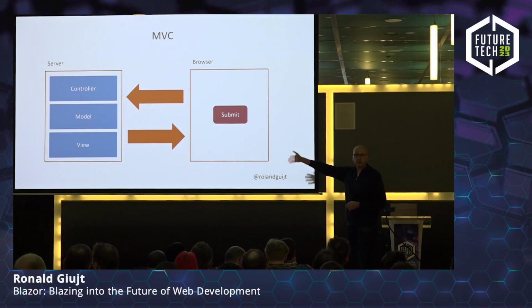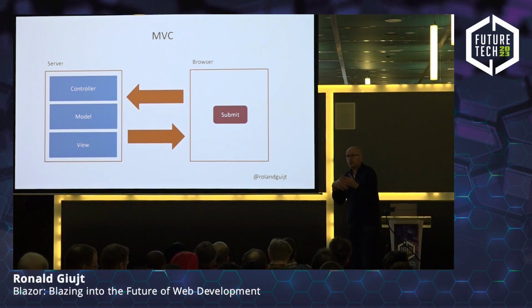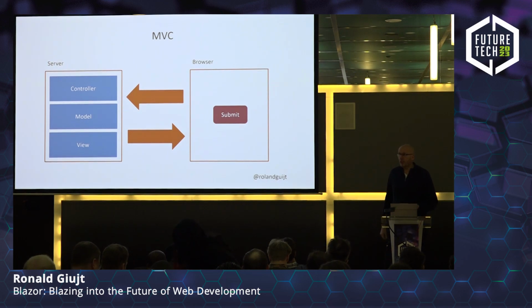Controller receives it, does something, retrieves data, manipulates data, changes data, whatever. We have a view, it's rendered back, and the browser renders it. So conclusion, the browser is very, very lazy here. It doesn't really do anything, but it just sends requests, receives stuff, and it doesn't have any logic by itself. All logic, all UI-related logic is on the server, right?